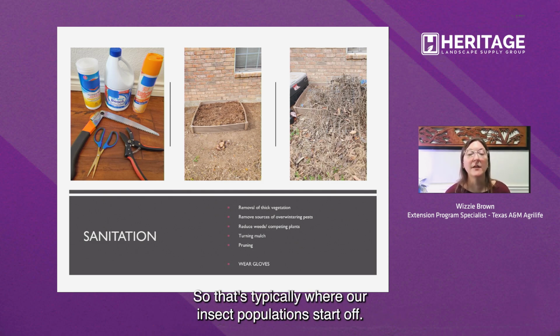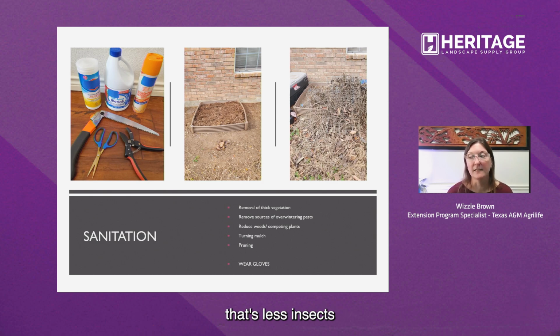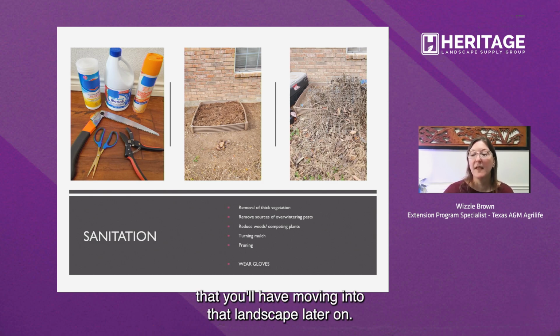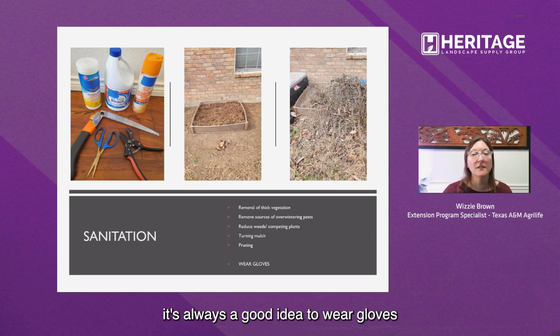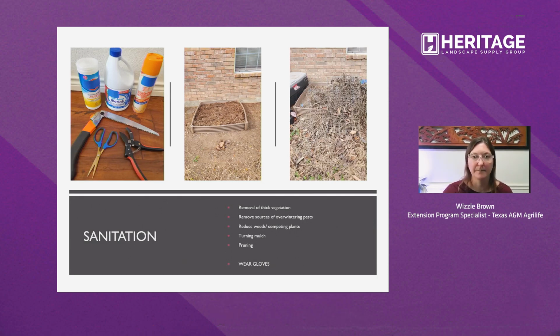So that's typically where our insect populations start off. So when you are dealing with weeds, if you're reducing those, that's less insects that you'll have moving into that landscape later on. And if you are working to remove vegetation, it's always a good idea to wear gloves in case you encounter an insect that can bite or sting.